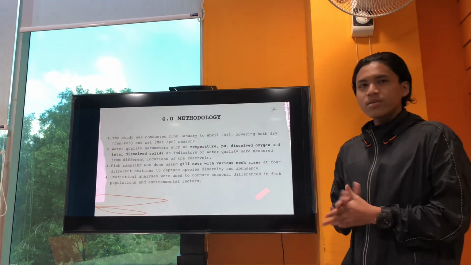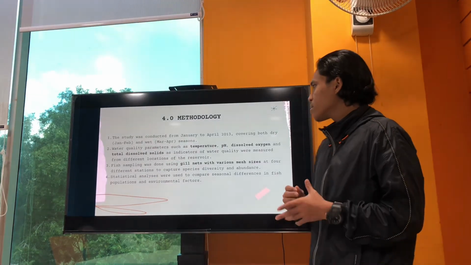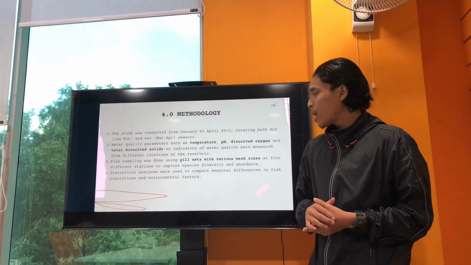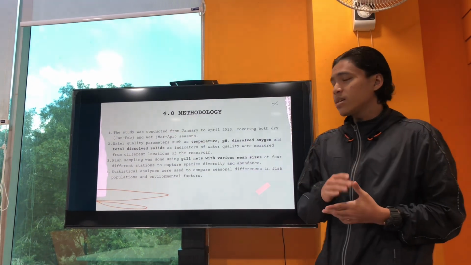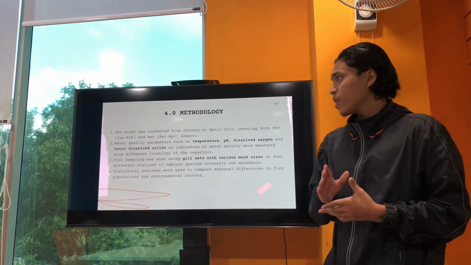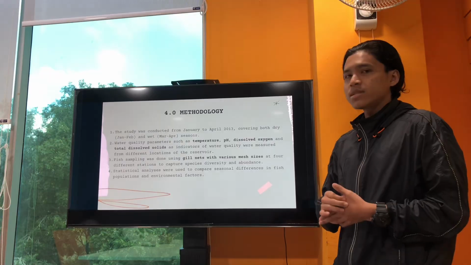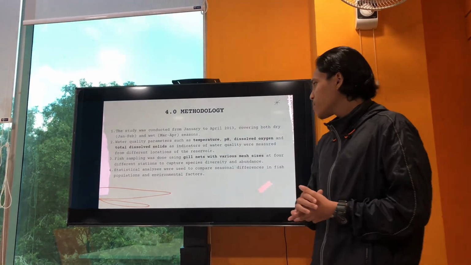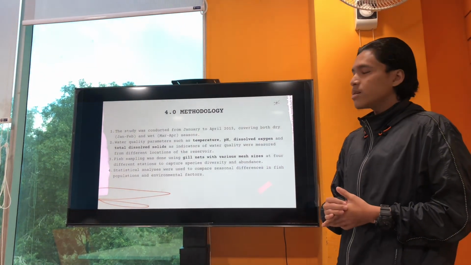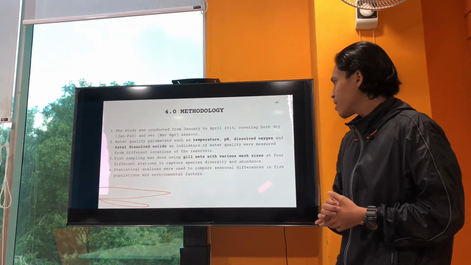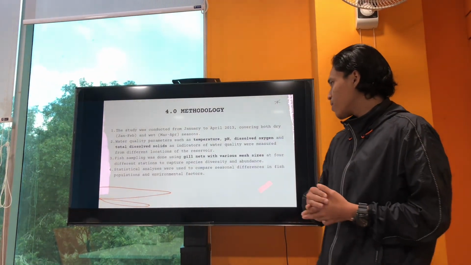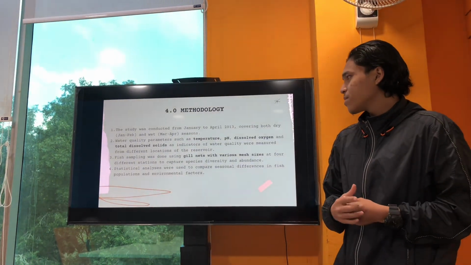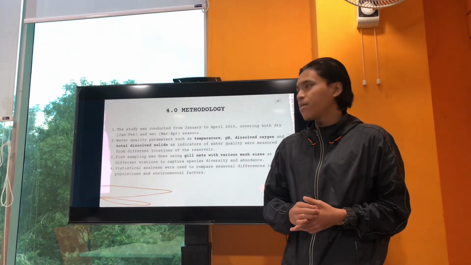Next, for the methodology, the study was conducted from January to April 2013, covering both the dry season, January to February, and the wet season, March to April. Water quality parameters such as temperature, pH, dissolved oxygen, and total dissolved solids, as indicators of water quality, were measured from different locations of the reservoir.